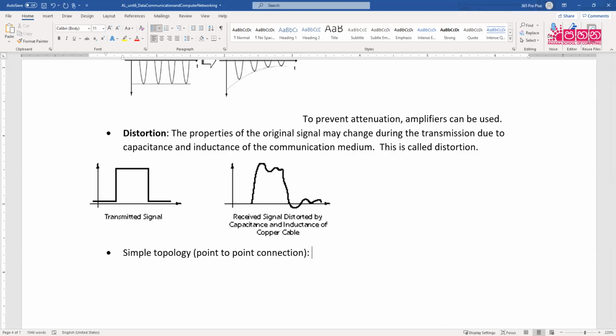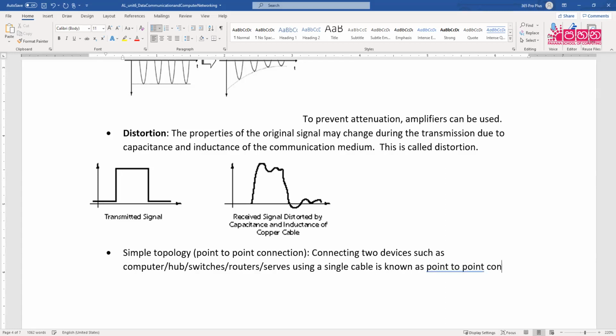Point-to-point connection. So when you say point-to-point connection, it means connecting two devices, such as computer, hub, switch, routers, using a single cable, which is known as point-to-point connection.